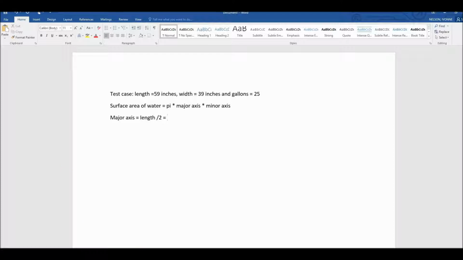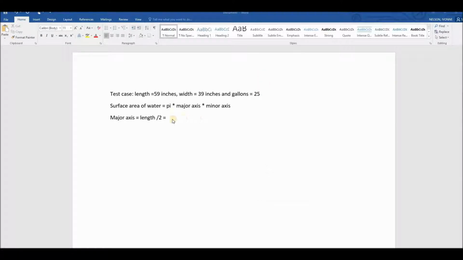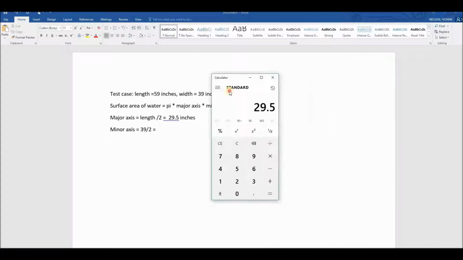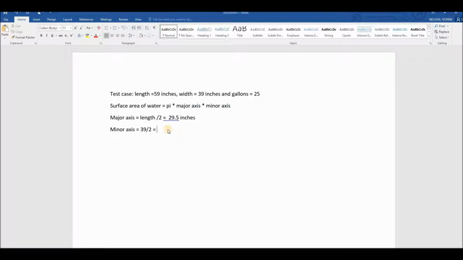I'm going to use my calculator because I've been known to have poor mental math before. 59 divided by 2 is 29.5 inches. And the minor axis is 39 divided by 2, which will be 19.5 inches.